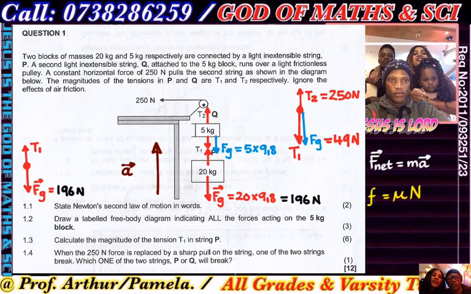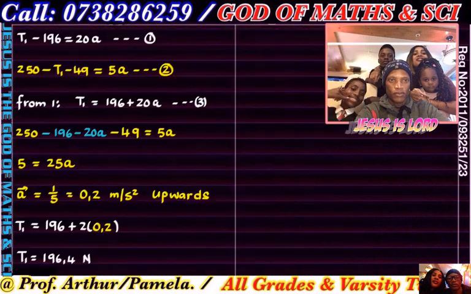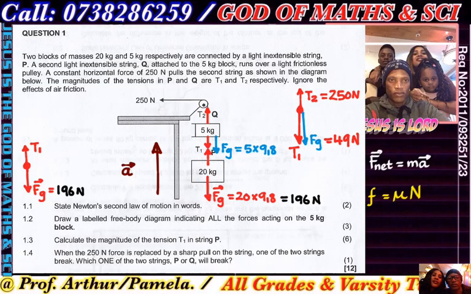At this point, we can see string 2 experiences the 250 force. But the tension here was 196.4. We good? So the tension in this one here was 196.4 Newton. We okay? Yes.